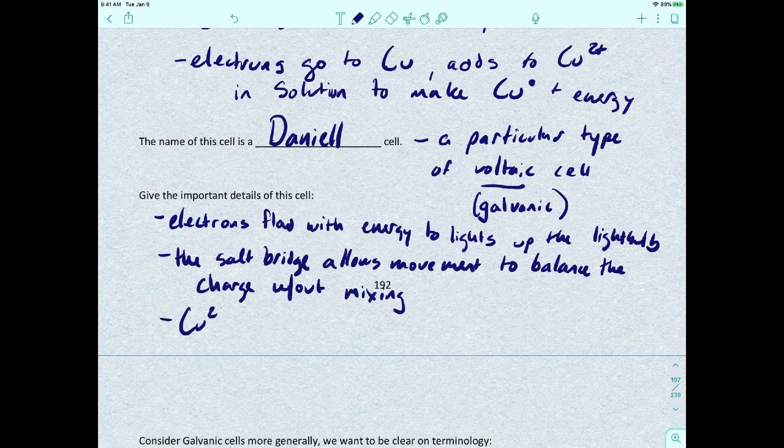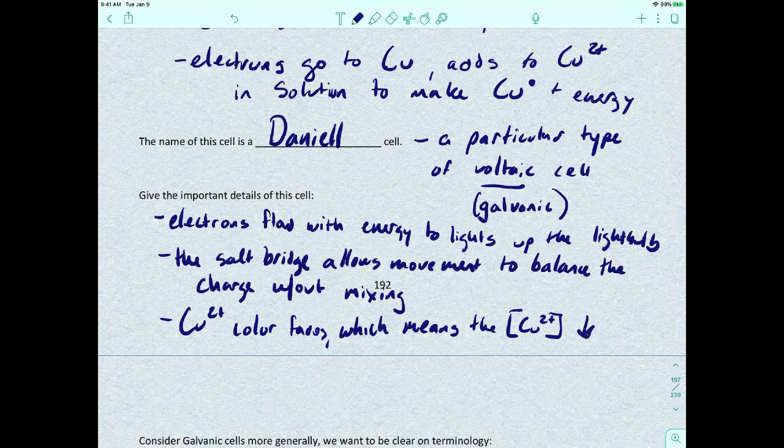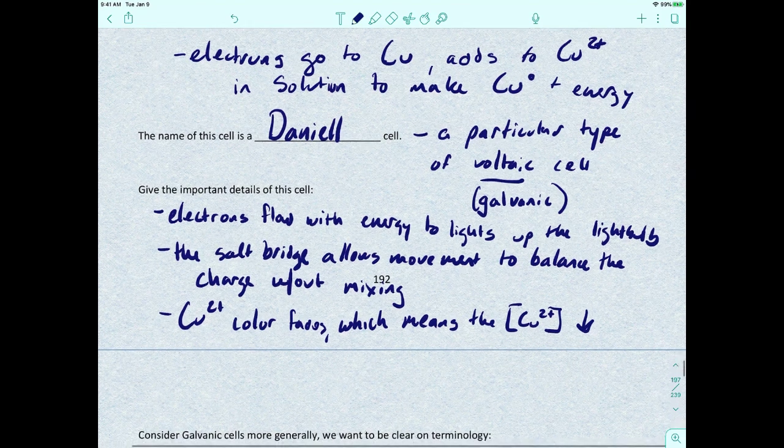The copper 2 plus color fades, which means the concentration of copper 2 plus ions is going down. It's decreasing. And so that's the information that we can get from this particular cell, the Daniell cell.